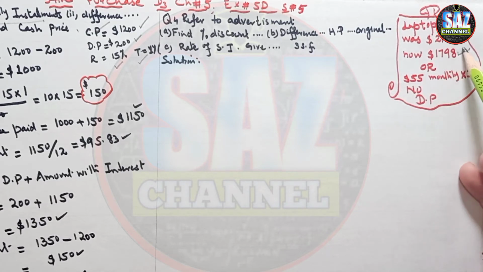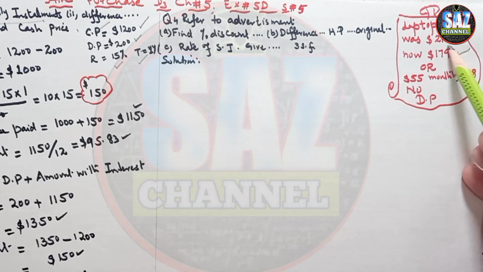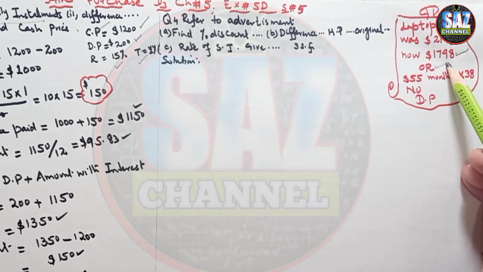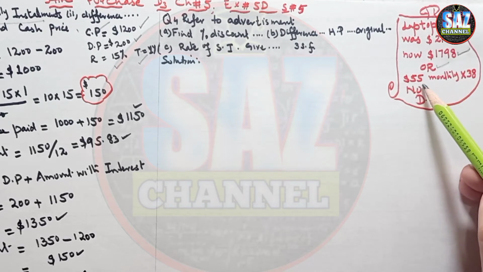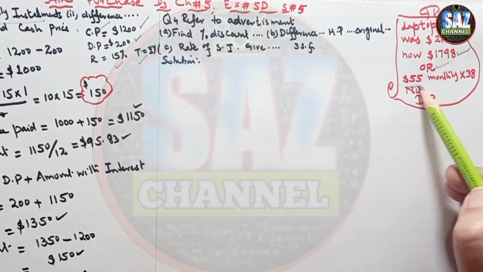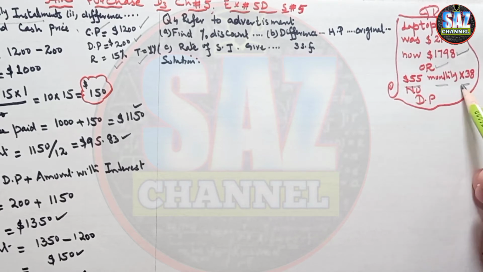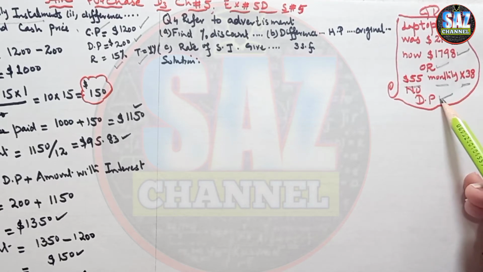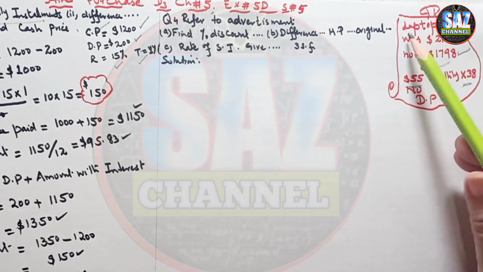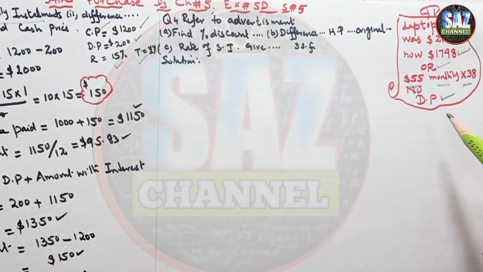Either you can give 1798 and get that laptop, or you can get that laptop on hire purchase conditions, in which you have to pay $55 monthly for 38 months, but you don't have to pay any deposit, or there is zero down payment. Okay, it's really important to read these short messages and understand them.